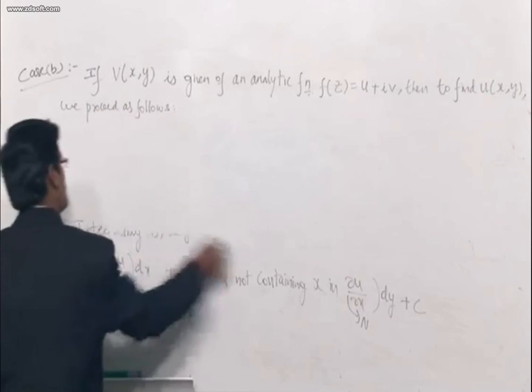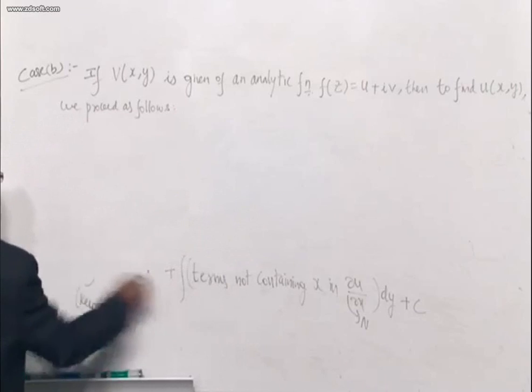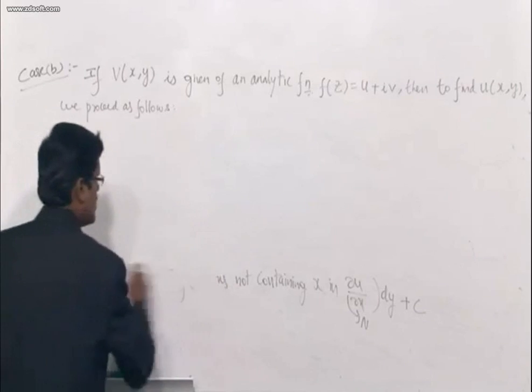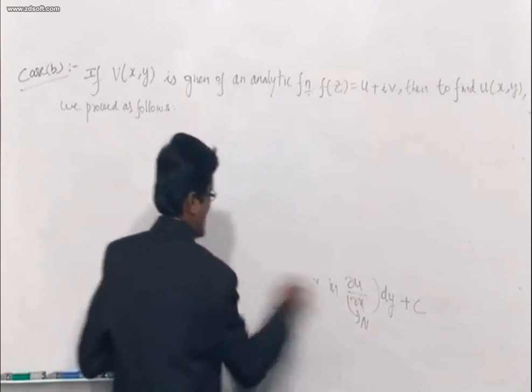Here we are going to find u, so you start with the du formula, which I have given already in case A for dv, because both are functions of x and y.